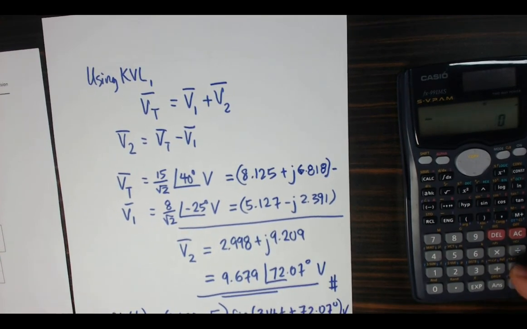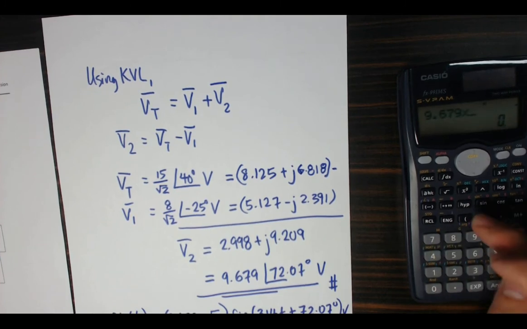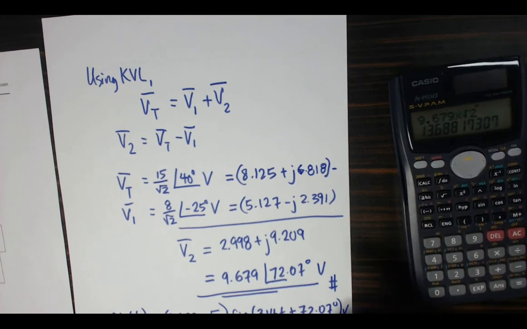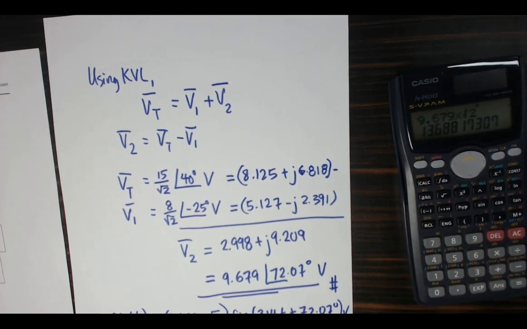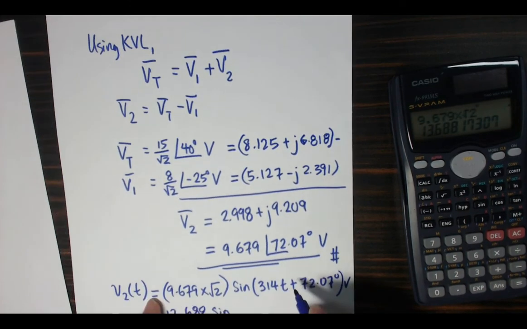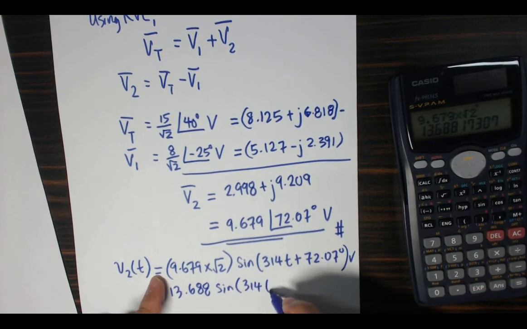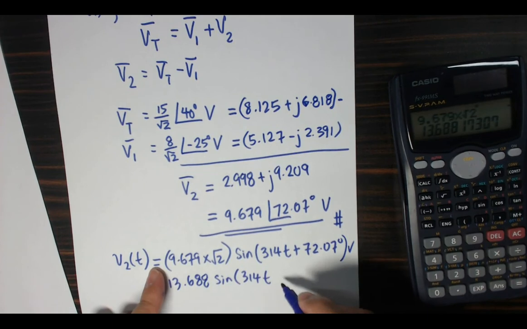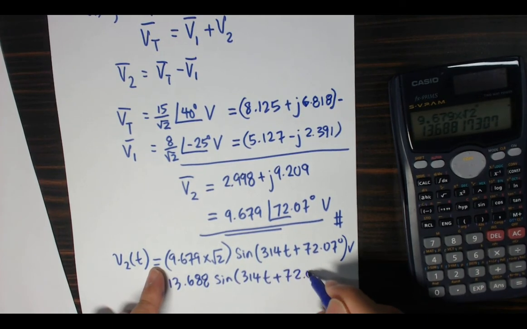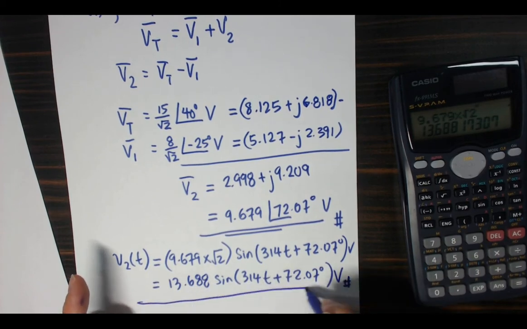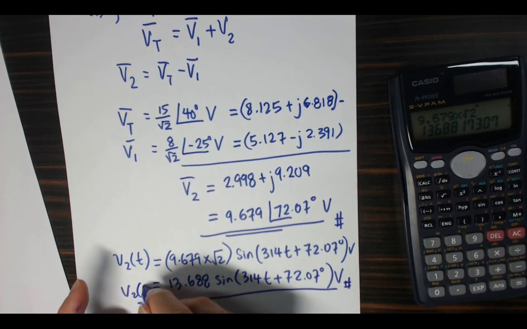So that will give me 9.679 times square root 2. That's 13.688 sine of 314t plus the angle 72.07 degrees. Okay, so that's my answer for the sinusoidal waveform.